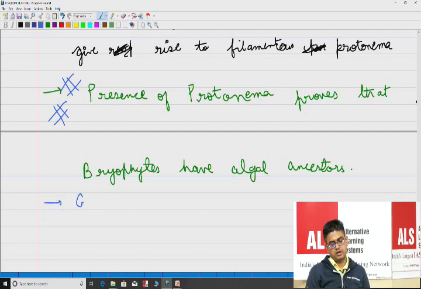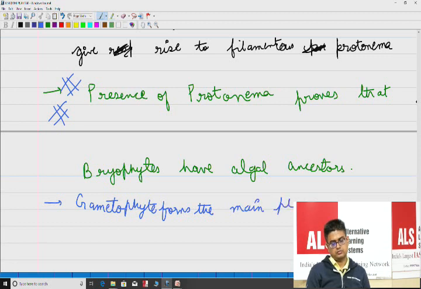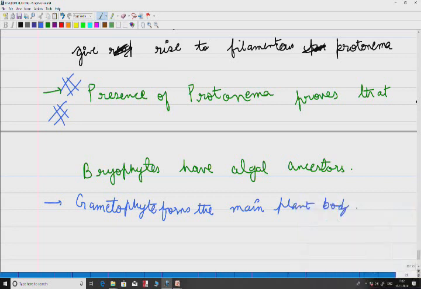Gametophyte forms the main plant body and is present for longer duration.